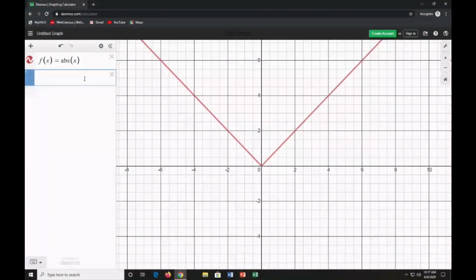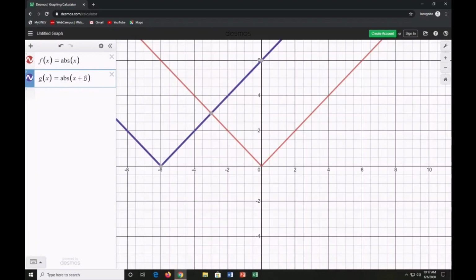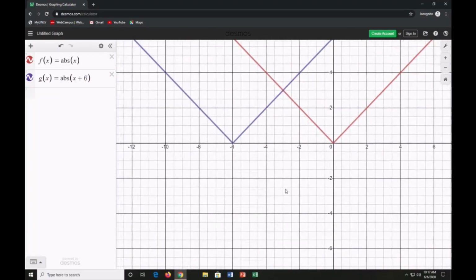Now, let's put in the example that we have. Let's call it function g of x equals absolute value of x plus 6. So we already know the movement is going to be to the left 6 units, right? Like that. So compare that. The vertex here moved 2, 4, 6 units to the left.